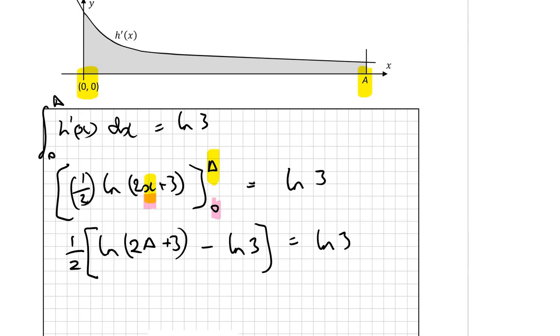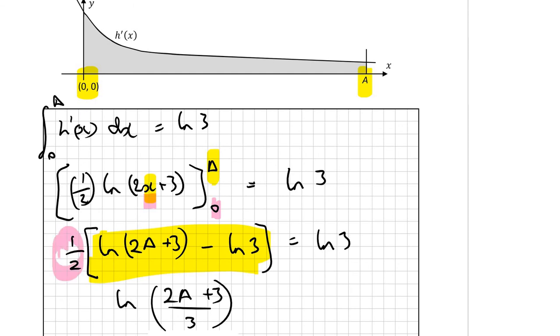So what I'm going to do here is combine two rules. We know that the natural log with the same base, because the base here is e, of that minus that is just equal to the natural log of 2a plus 3 all over 3. And I also know, using my other rule of log, that that multiplied by this whole thing is equal to the natural log of 2a plus 3 over 3 to the power of 1/2.